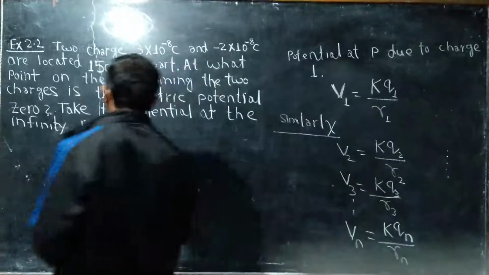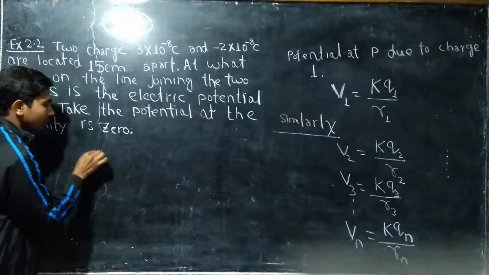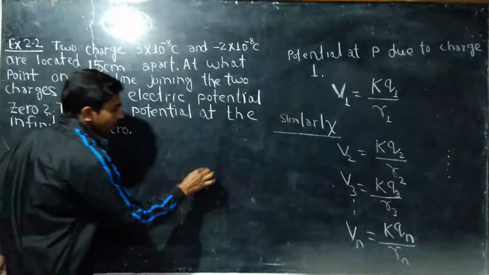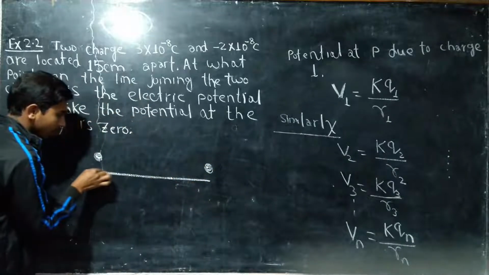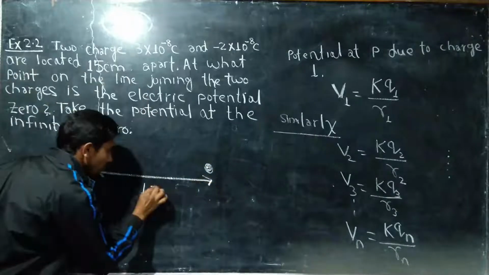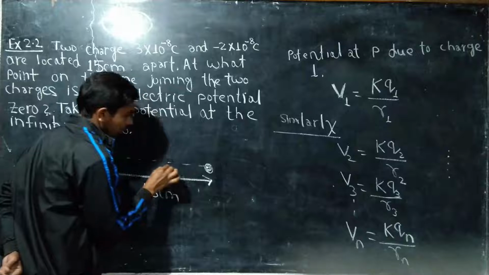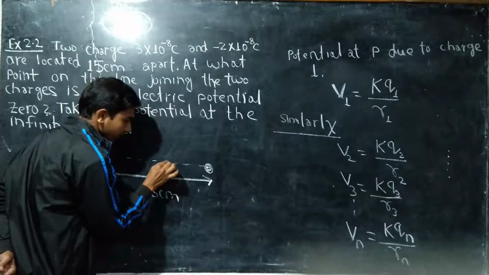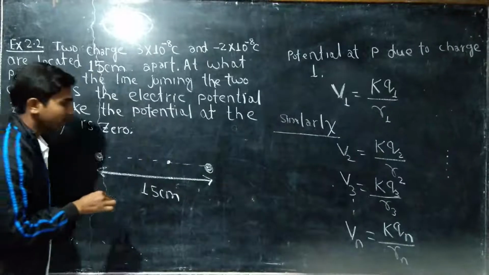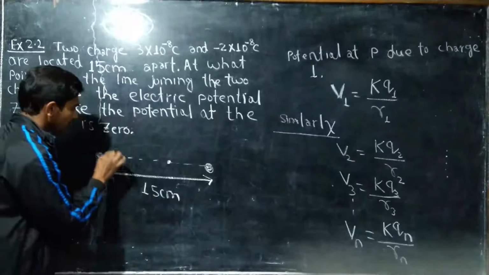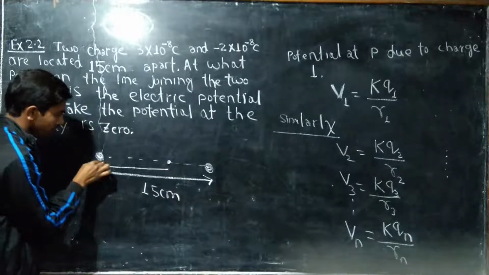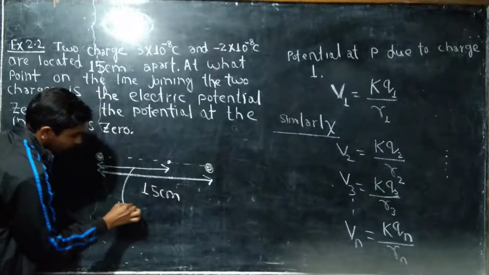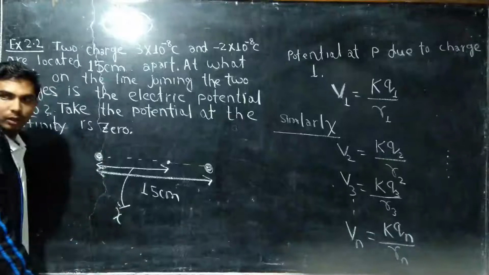Now suppose this is one charge and this is another, and both are separated by a distance of 15 centimeter. Suppose at this point the potential is 0, and this distance is x.